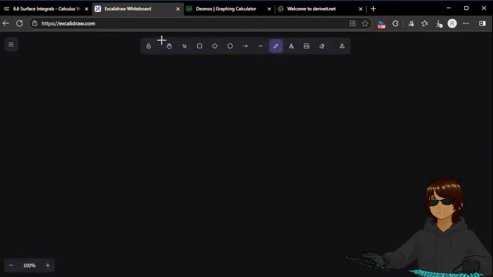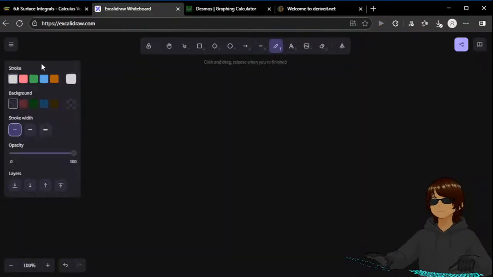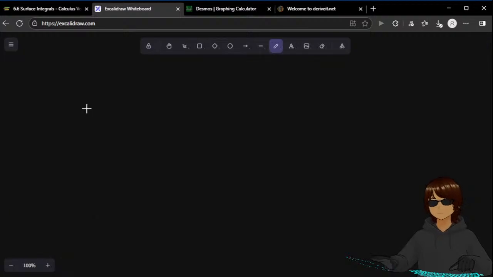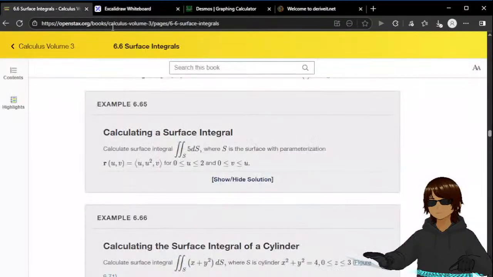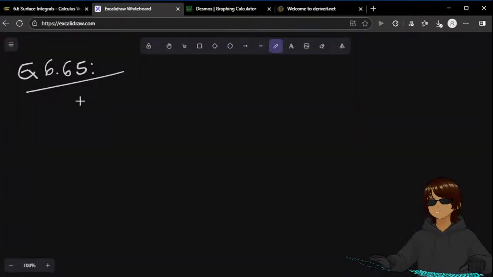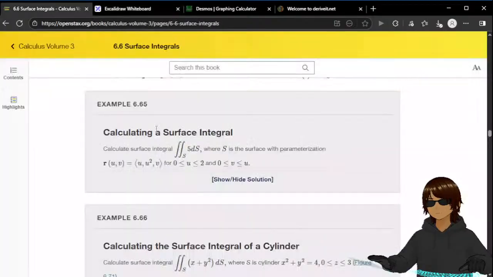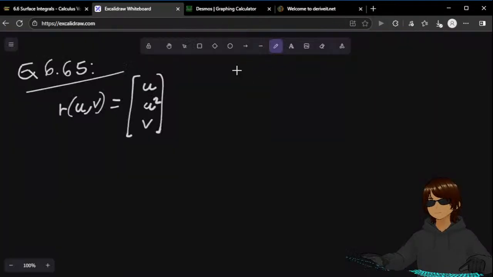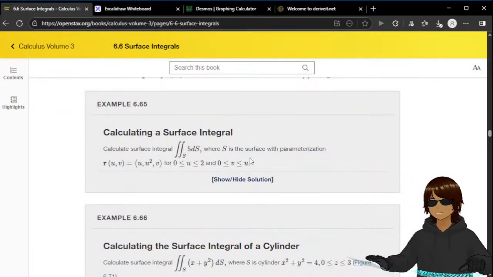Okay, let's try this, example 6.65. r(u,v) equals u, u squared, v, where u goes from 0 to 2 and v goes from 0 to u.